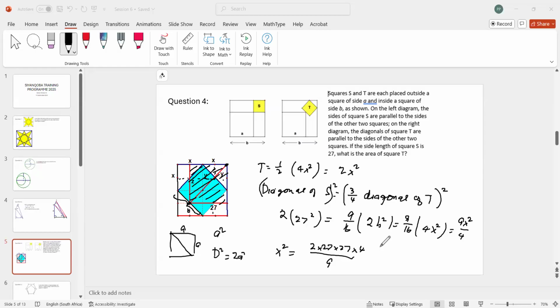We make x squared the subject, but we want to work out the area of t, which is twice this. So you have to put a 2 there. Okay, and then when you work this whole thing out, you'll get 648. Maybe you don't need the 2 there.